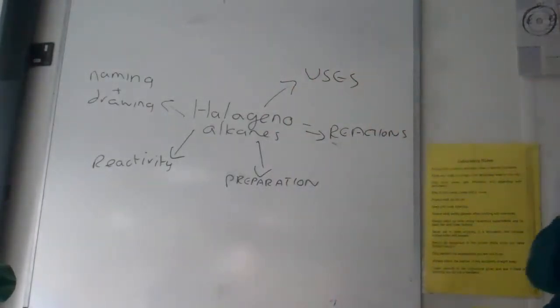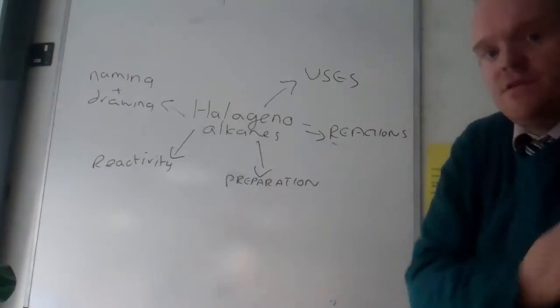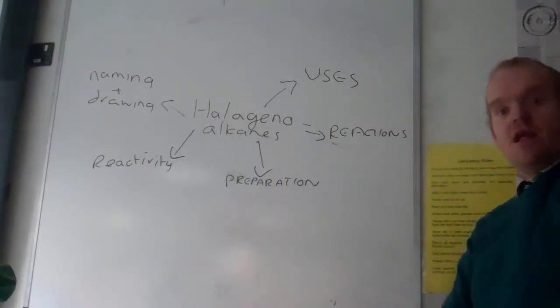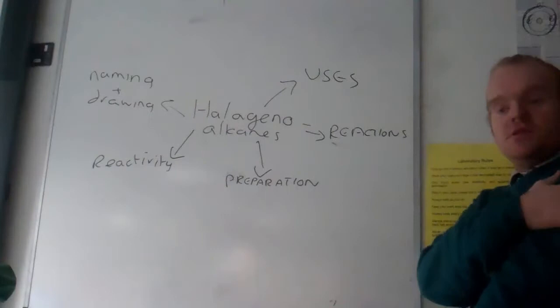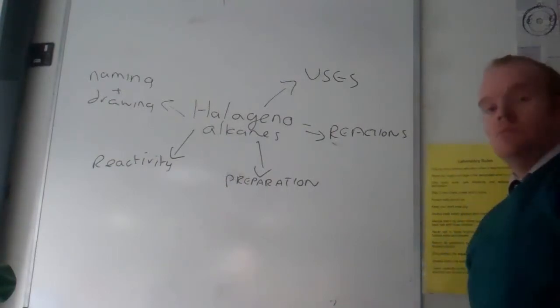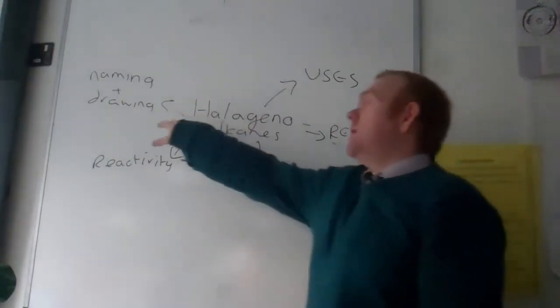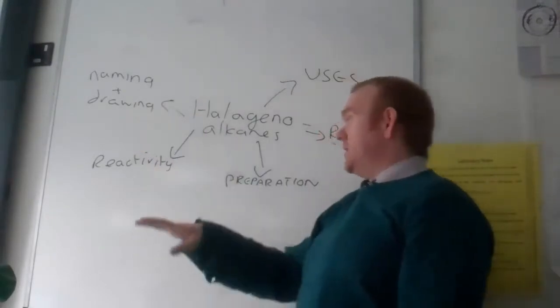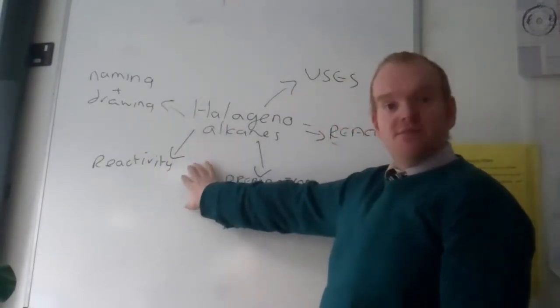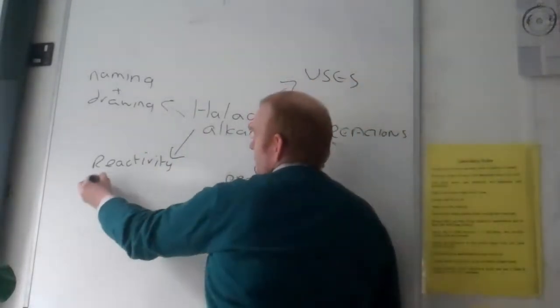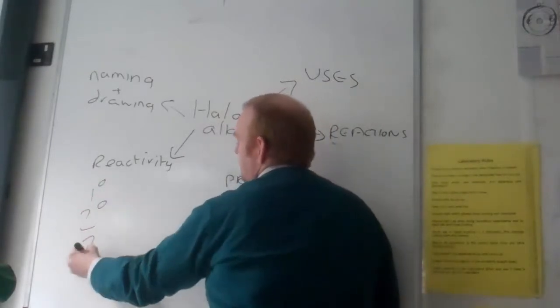Okay, so in this part of the video, we're looking at the reaction of halogenoalkanes as the second part of 2.10. So we need to be able to name and draw what the halogenoalkanes look like, explain their reactivity, so in terms of primary, secondary and tertiary.